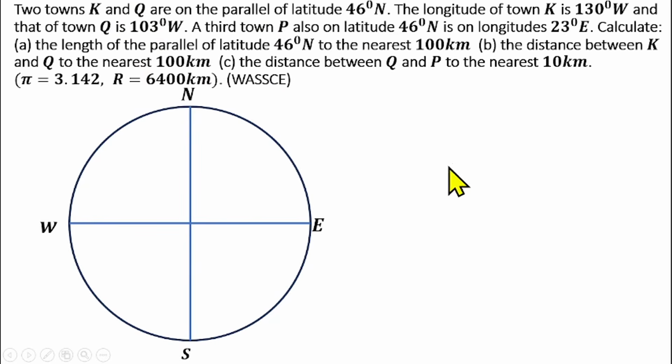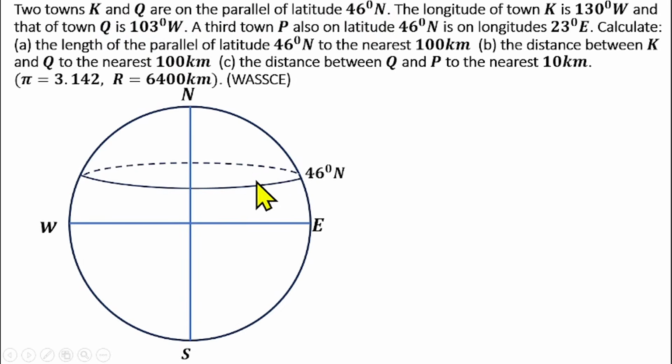Of course, if you want, you can first of all represent the geographical location of each of the points. You can write it in a coordinate form, but it is not necessary. So we have towns K and Q, and they are both on this latitude. That means that's what they have in common, which is 46 degrees north. And I'll draw that for 46 degrees north.